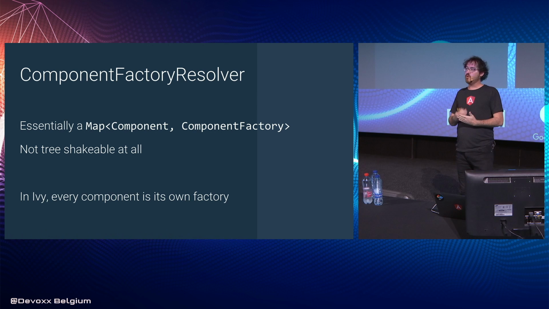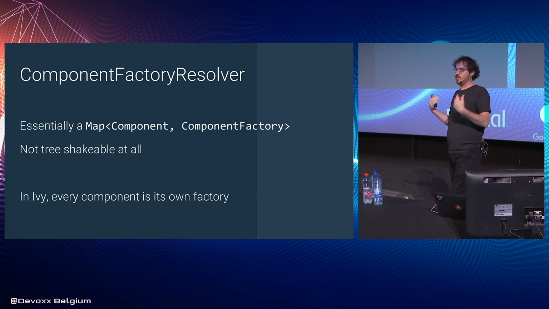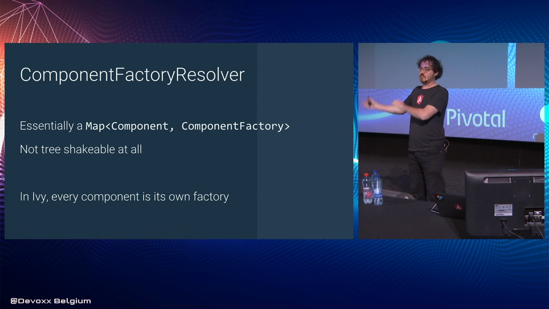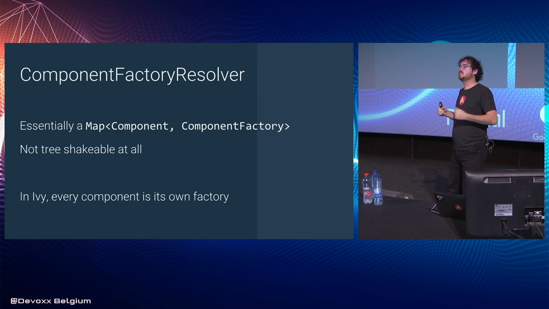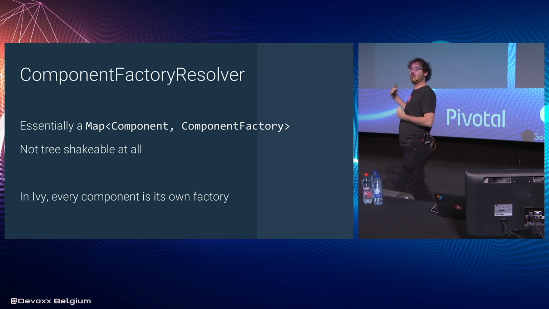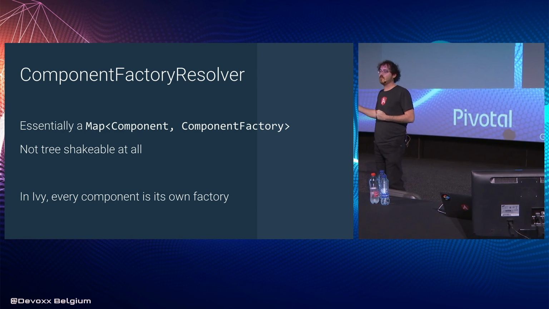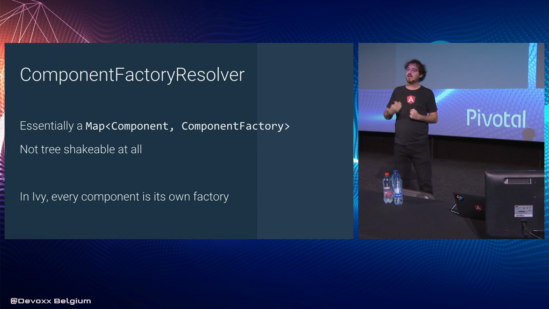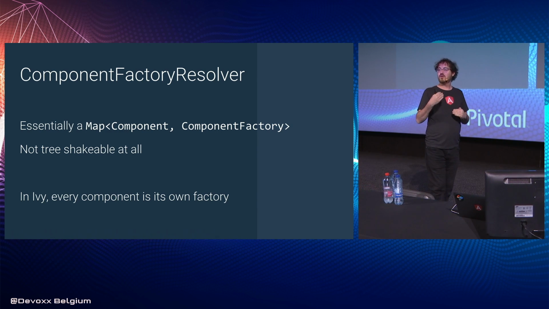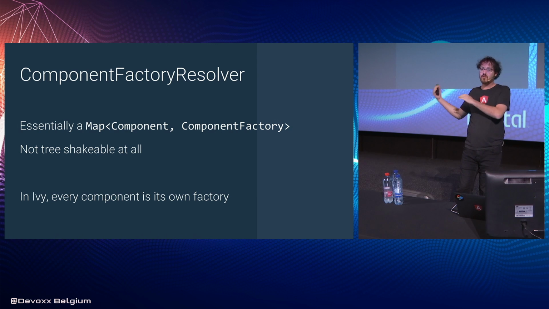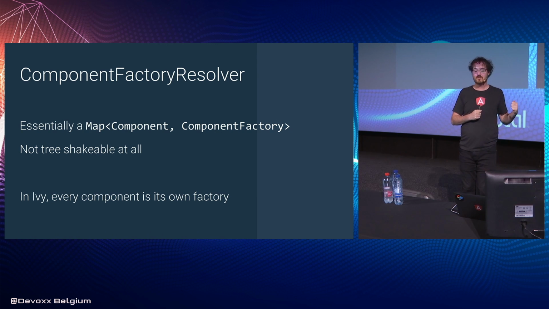The trouble is that this ComponentFactoryResolver is essentially a giant map. And it's a map from component type to the factory that we've compiled for that component. And the tree shaker can't see through this. It doesn't know which component types you're going to look up in this map ahead of time. And so it has no choice but to include the entire map, all of the component types and all of the factories.